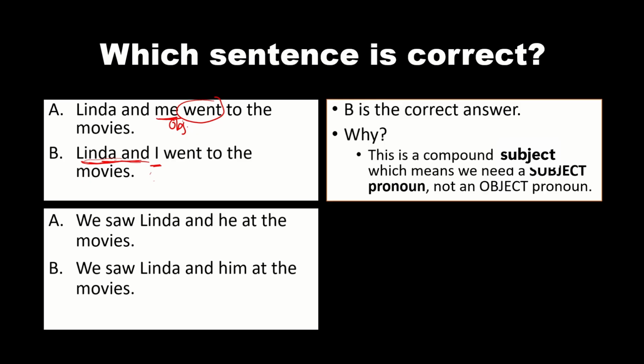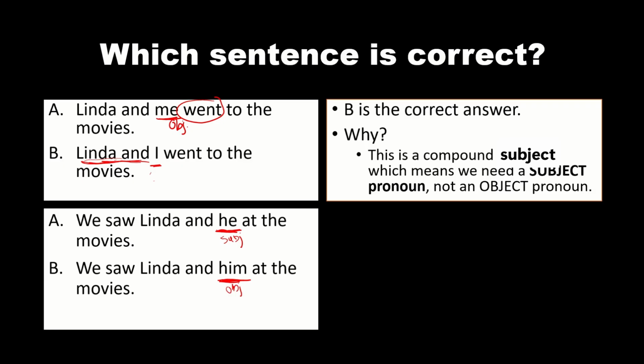"We saw Linda and he at the movies," or "we saw Linda and him at the movies." Well, both sentences are the same, except in the first one we have the pronoun he versus the second one, we have him. And the same as the first example, he is going to be a subject pronoun versus him is going to be an object pronoun.